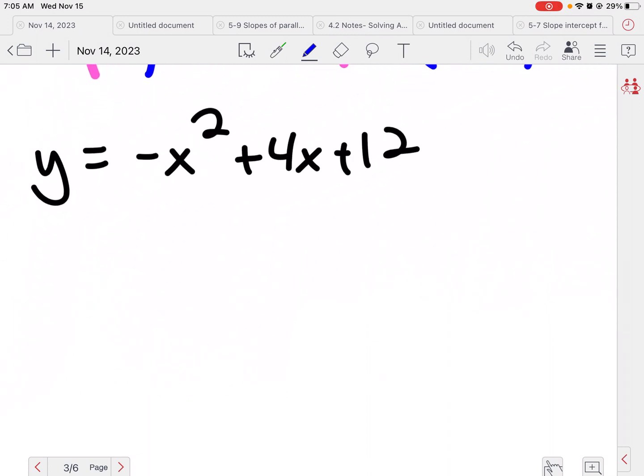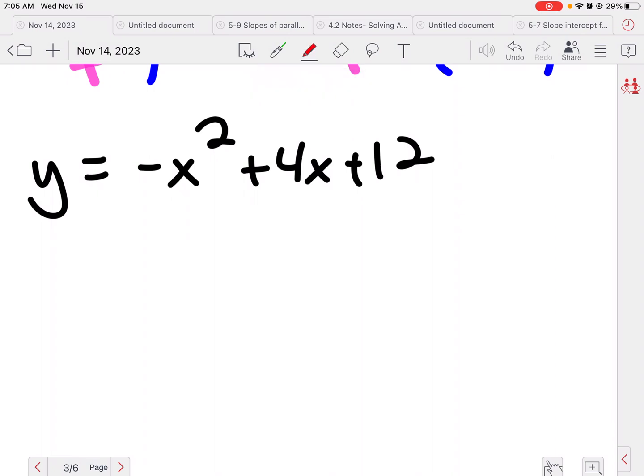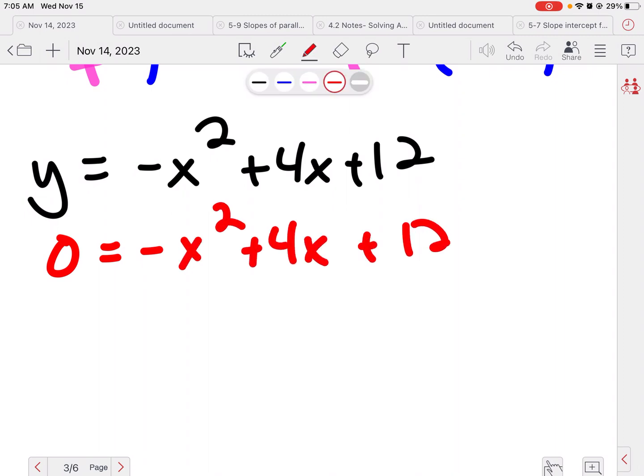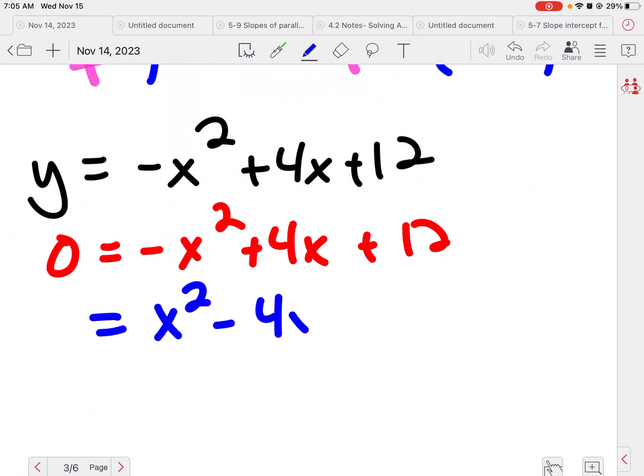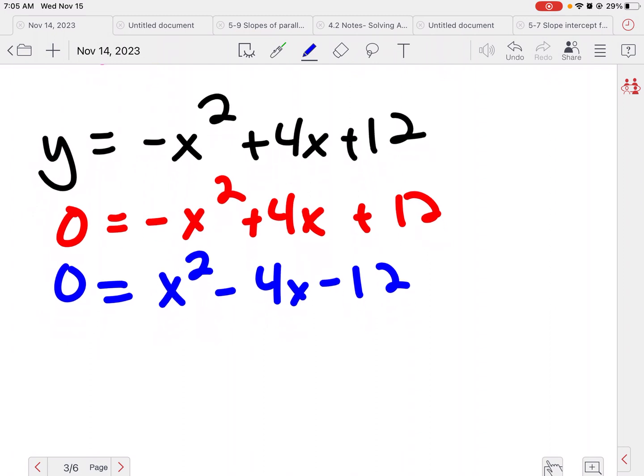Okay, same thing here. Since I'm finding the positivity, I can set this equal to 0. So this would be negative x squared plus 4x plus 12. I'm going to divide everything by negative 1 so I can get rid of that negative. So it's going to be x squared minus 4x minus 12, which I can do because it's equal to 0.